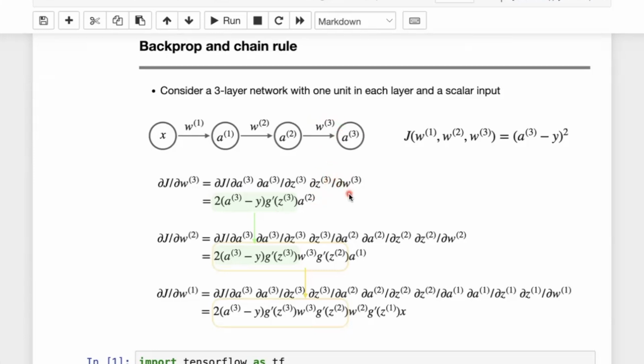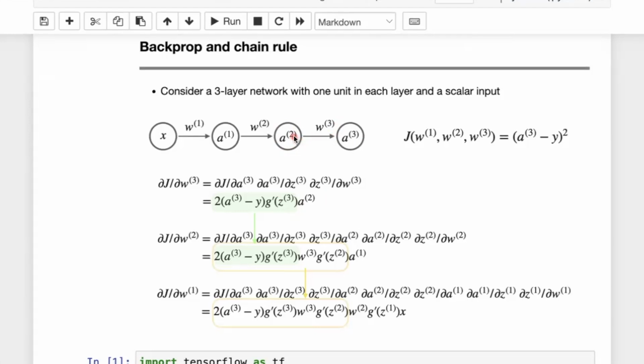And that's something that is what we have here multiplied by w3, which is a2, right? Because remember, what we have before applying the activation function is simply finding this weighted sum, which is a2 times w3. And if you want to find partial derivative with respect to w3, that's just a2.